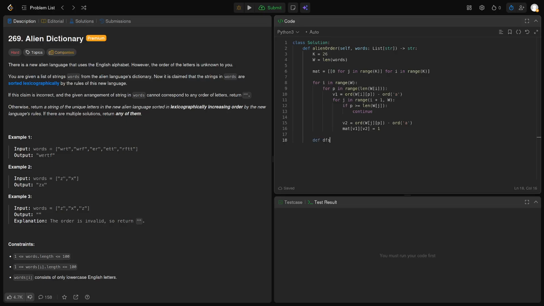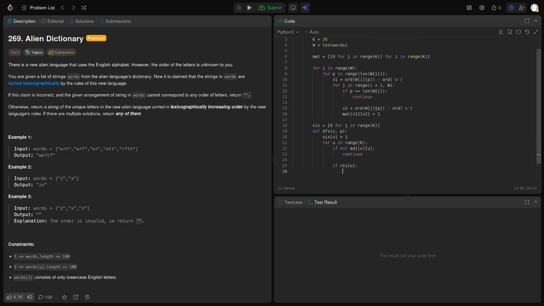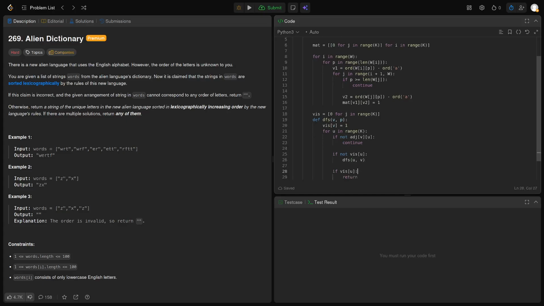Now we check for cycle. This is v1 and parent, for u in range k, if not matrix v u, continue, if not visited u, DFS u v.